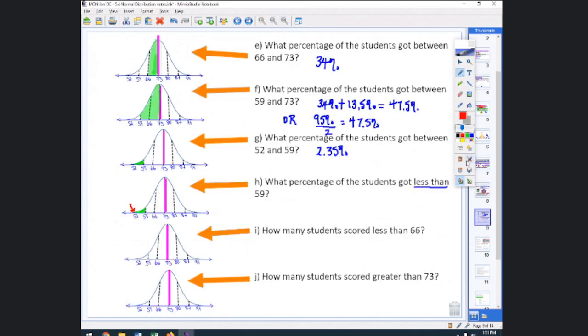So there is a difference between just saying between 52 and 59 or less than 59. So we would have 2.35% plus 0.15%. And if I add those up, I think I get 2.5%.